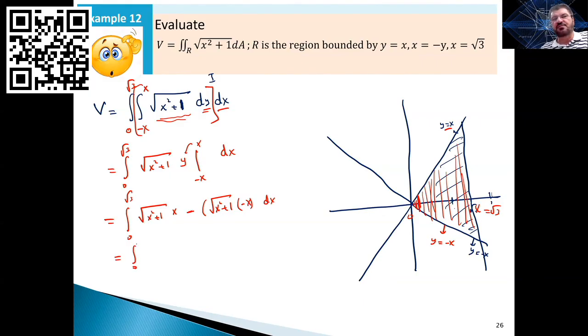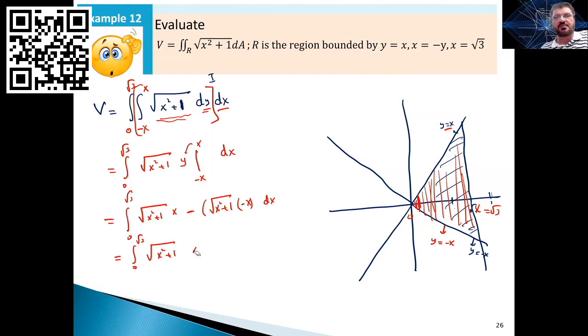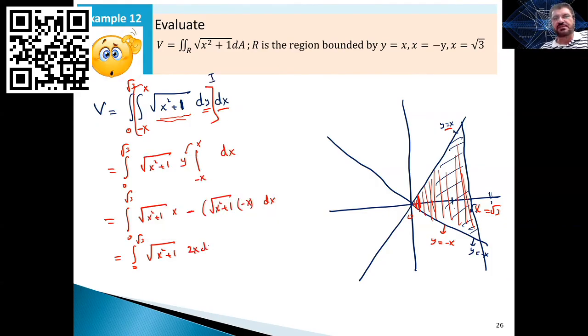So this is the integration from 0 to square root of 3 of square root of x squared plus 1, times x and times x. This is plus, so this is 2x dx. Let me put the 2x at the end, so you will see what's going on here. So here is 2x dx.